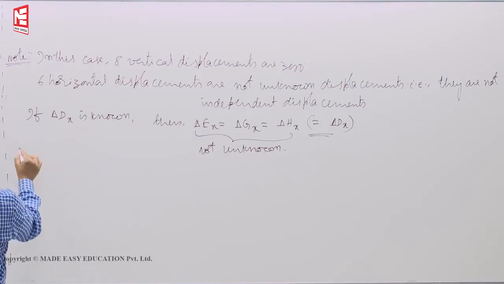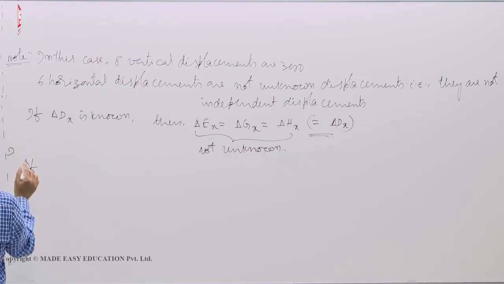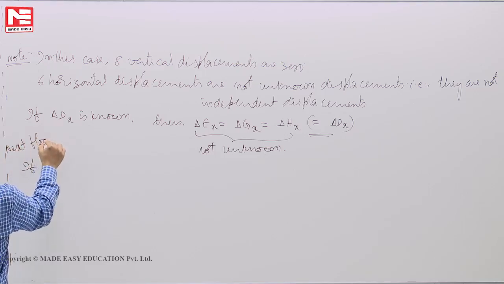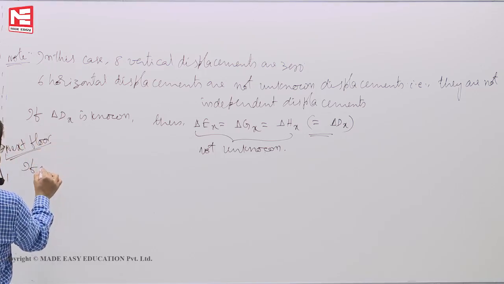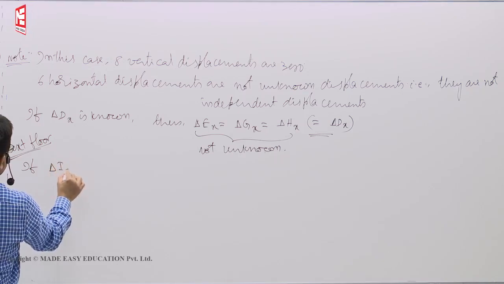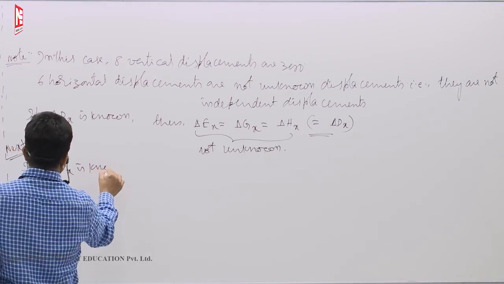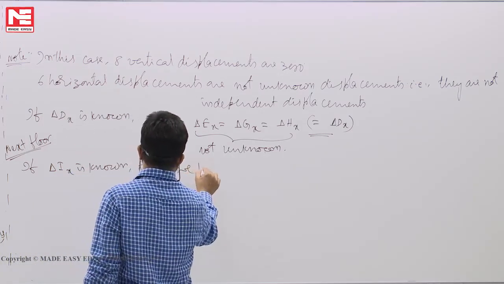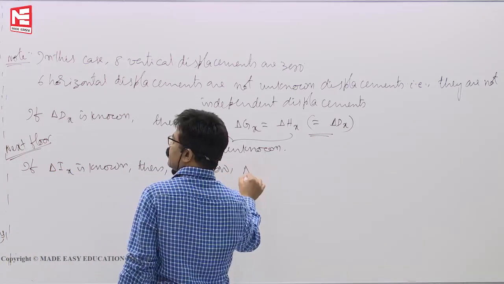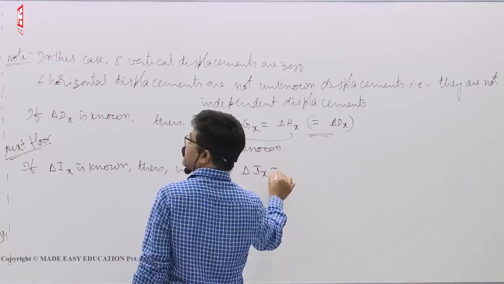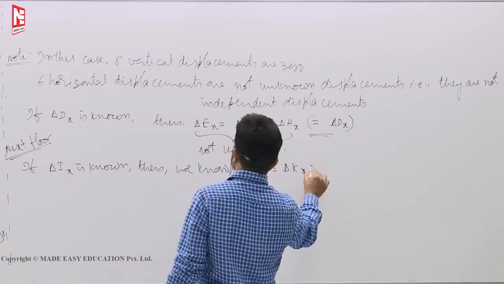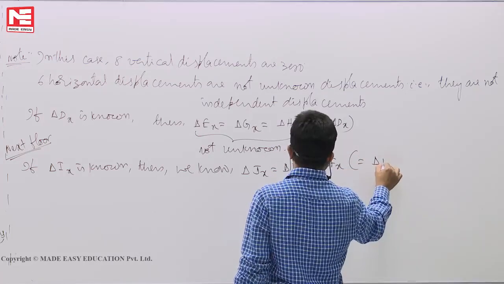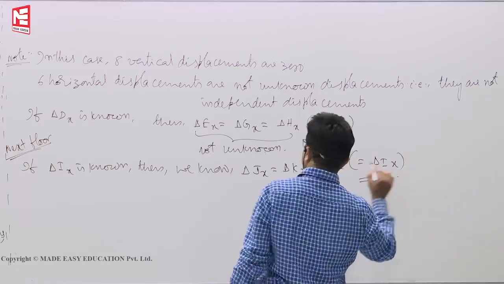Then next floor. In the next floor, if delta Ix is known, then we know delta Jx is equal to delta Kx is equal to delta Fx is equal to delta Ix, like that.